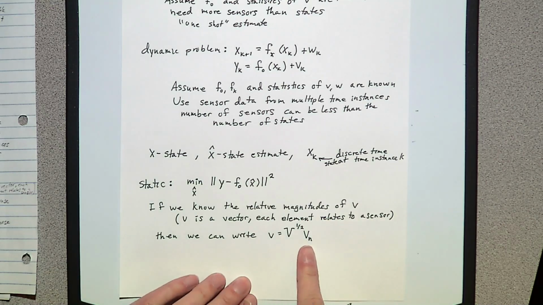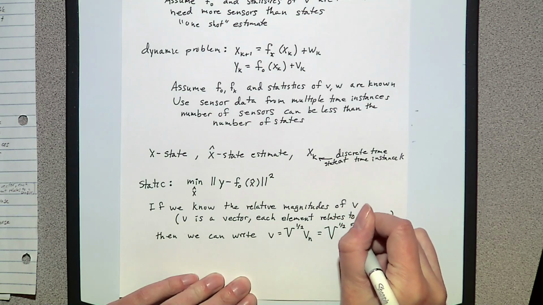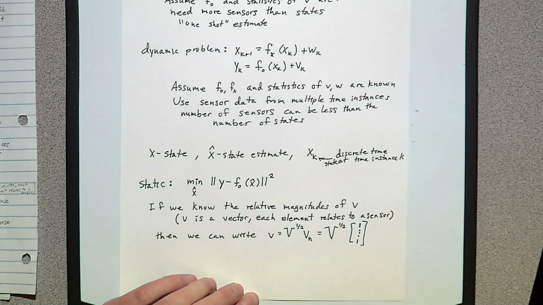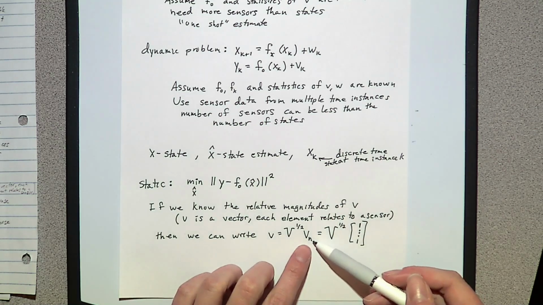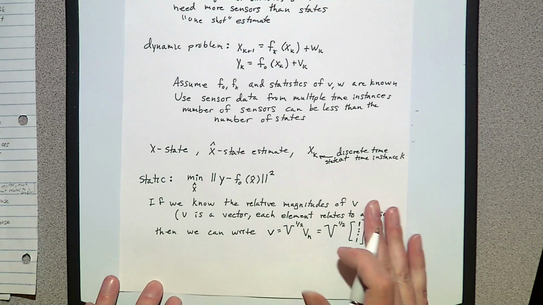So Bn is just a vector of ones. So basically the idea here is that Bn would almost be like representing a ball in the n-dimensional space. And then this matrix B^(1/2) would shape that ball into an ellipse, which would reflect this vector B.